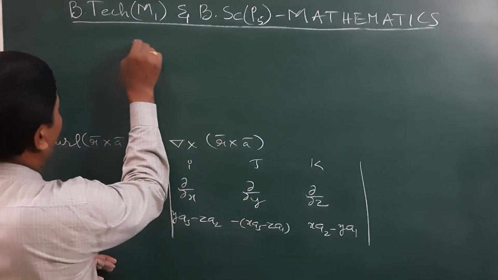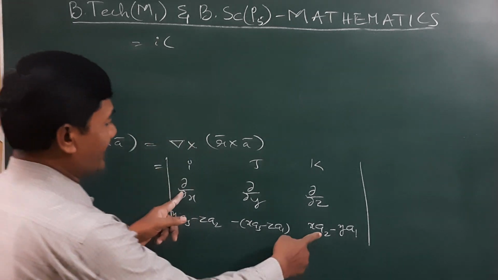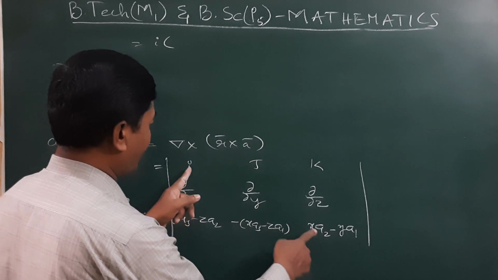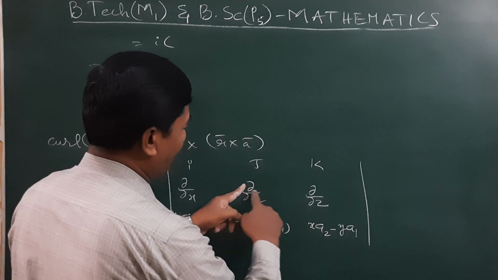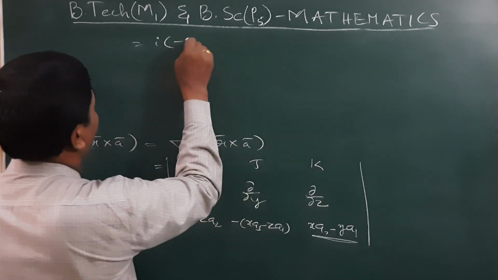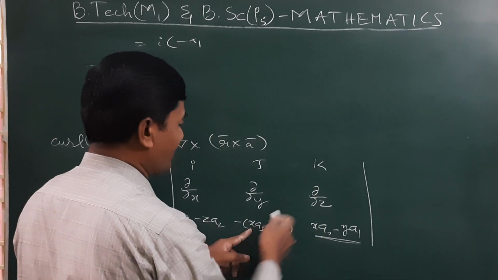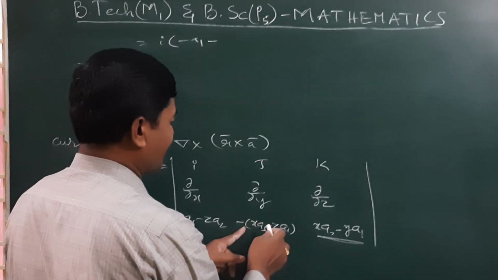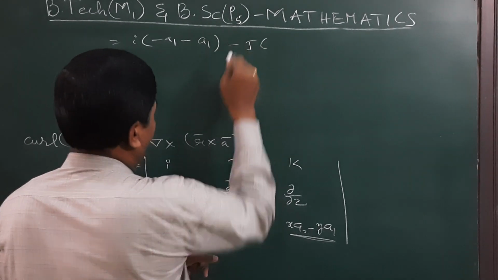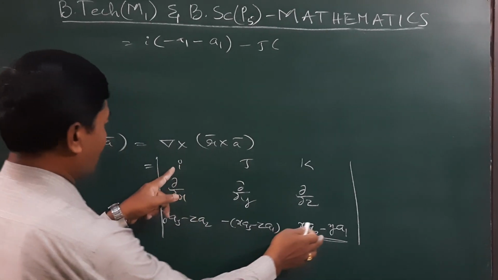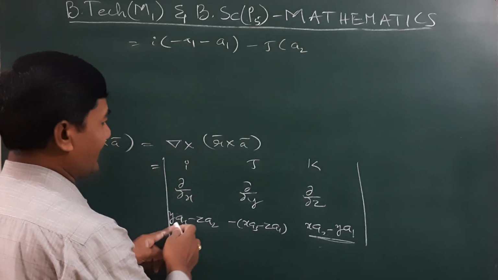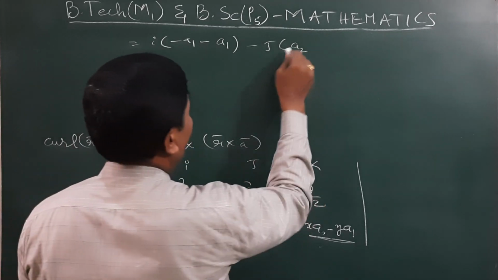Determinant is i times ∂/∂y and ∂/∂z parts of this. The ∂/∂y of this term is minus a1, and ∂/∂z of this one is again minus a1. Minus of minus is plus, so again minus a1. Minus j times ∂/∂x of this, which is minus a2, and with minus minus it is plus a2.